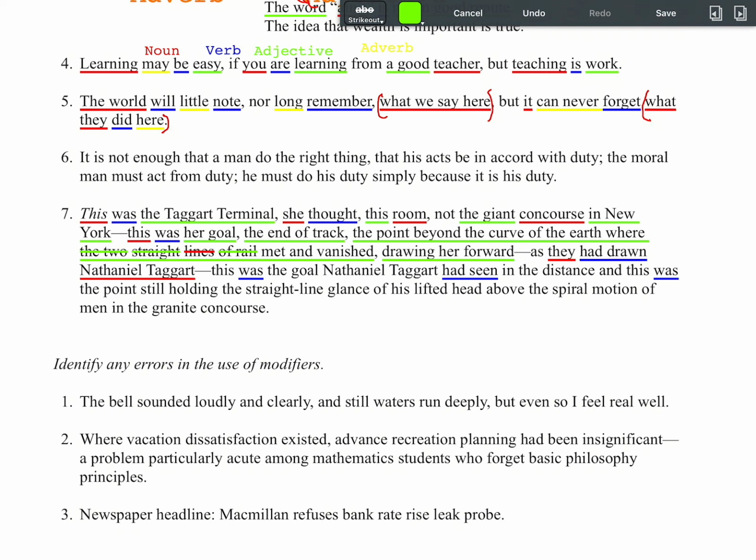And backing up, we had the point is a noun phrase, and the is an adjective about point. And beyond modifies point, so that's an adjective. So the adjective, beyond adjective.